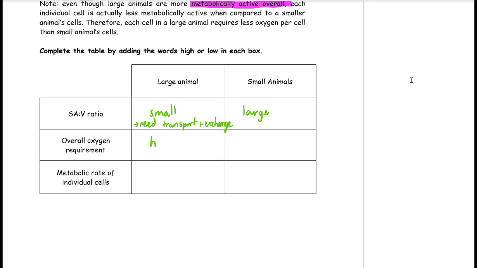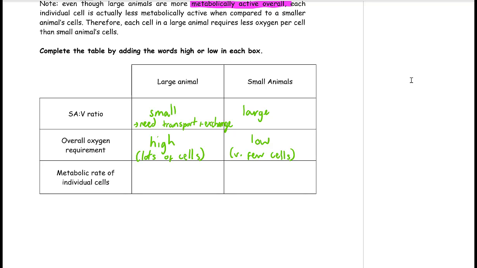Overall oxygen requirement is very high because they have lots of cells. Small animals have a very low oxygen requirement because they have very few cells.